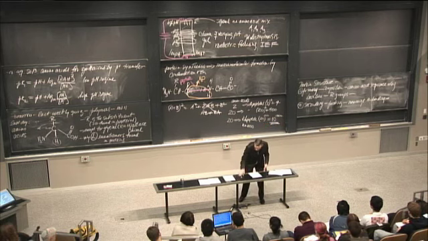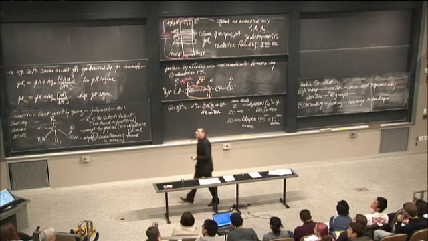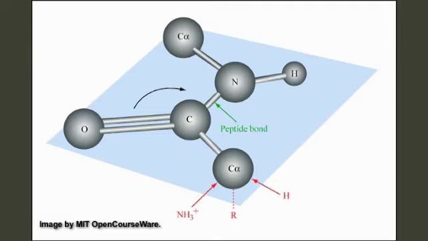So I have to show you a few cartoons here. All right, so here's a sketch taken from one of the readings. So there's the alpha carbon. This is the carboxylic acid right here. And this is the peptide bond between one carbon and a nitrogen in an adjacent unit. All right? So there's the peptide bond. The interesting thing is that even though this is sp3 hybridized, data show that all 6 atoms lie in a plane.